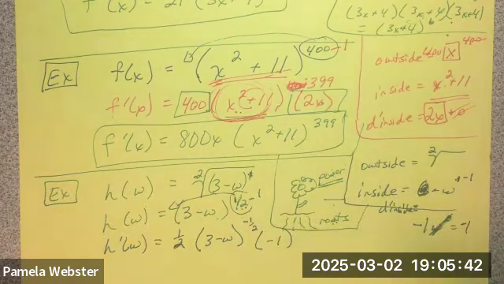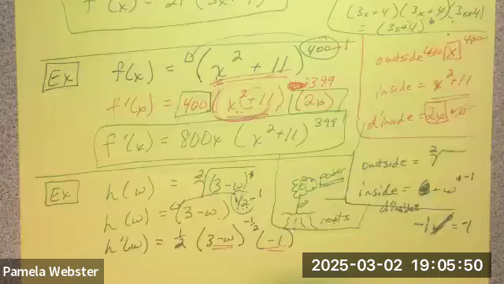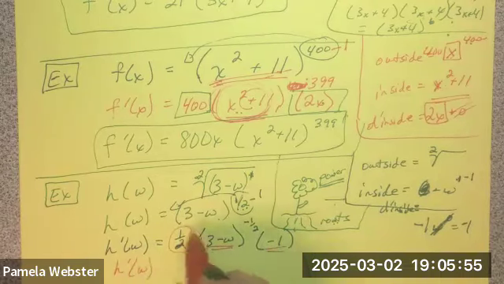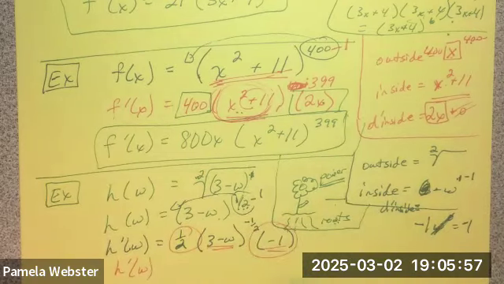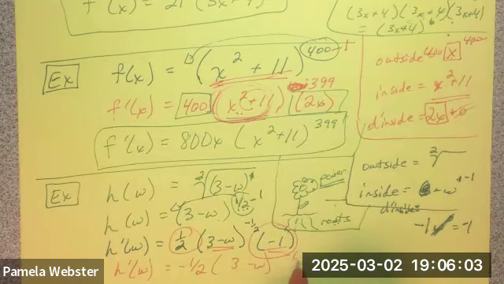You just got to figure out what to do with the inside guy. Take his derivative. His derivative is negative 1, and we're going to multiply by that. That's the new rule that we're working with. And then we need to clean it up. We've got a 1/2 being multiplied by a negative 1. So that's negative 1/2. And then all this stuff with the parentheses stays the same. Don't forget your negative 1/2 on the exponent.